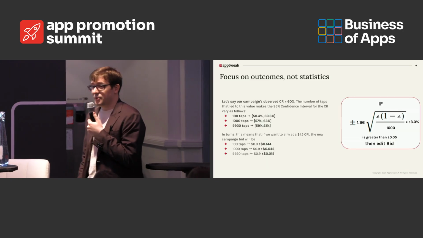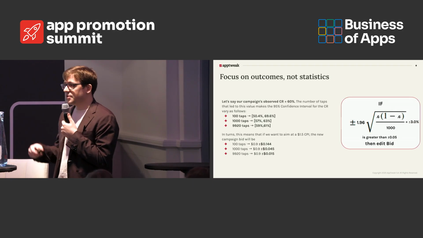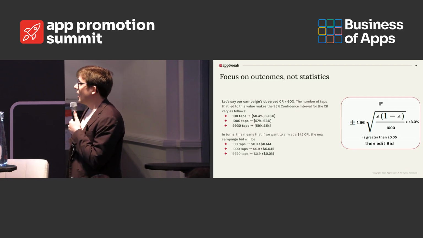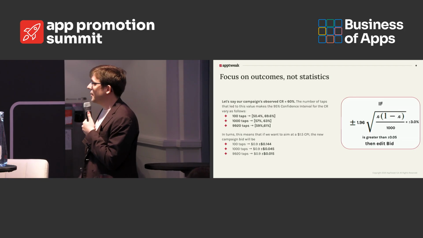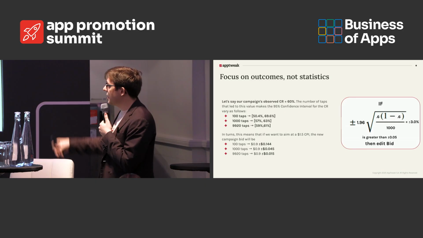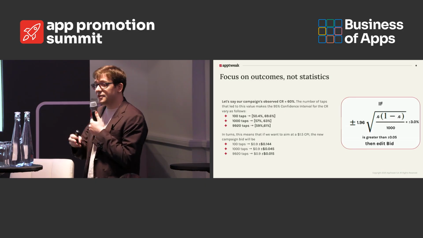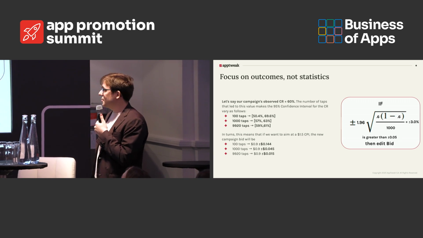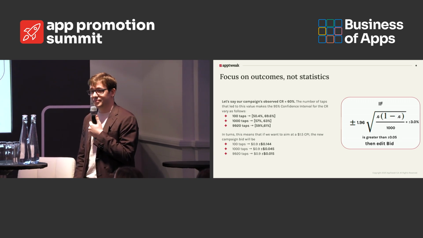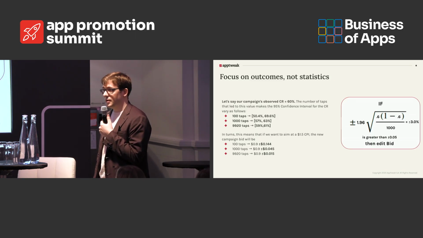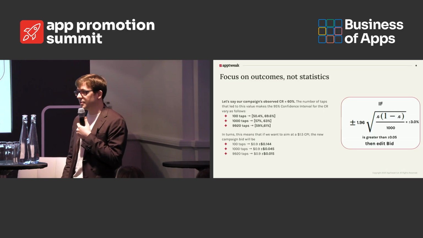With an example of my own, with confidence intervals, if I tell you I have a conversion rate of 60%, but based on the sample size I have, my 95% confidence interval is between 50.4% and 69.6%. That seems like a massive difference in conversion rate. Surely I should wait before I make a decision.